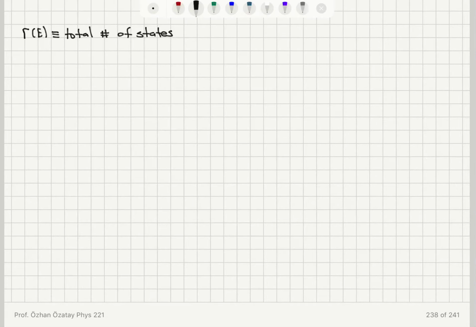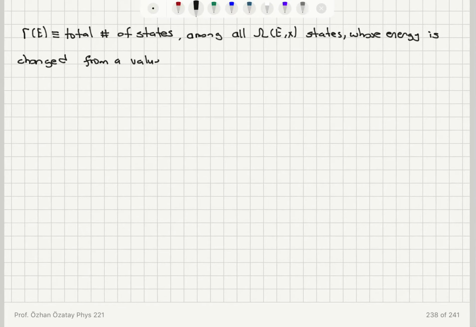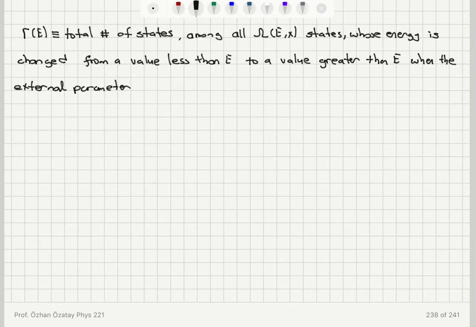I'm talking about the total number of states among all possible accessible states of the system whose energy is changed from a value less than E to a value greater than E. So I'm talking about all states that have shifted to have their energy levels lie above E when the external parameter is changed from x to x plus dx.